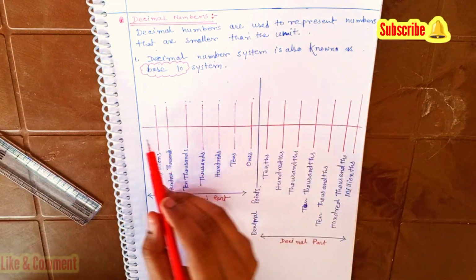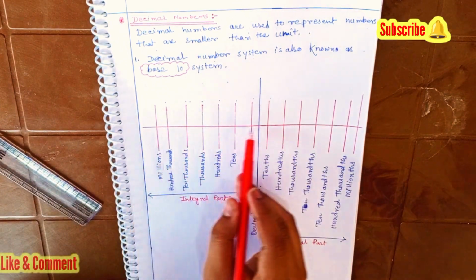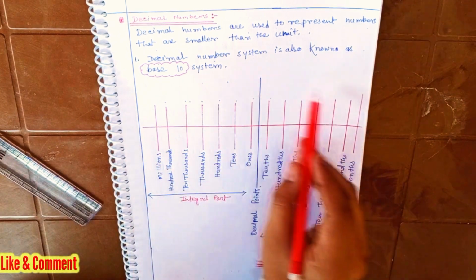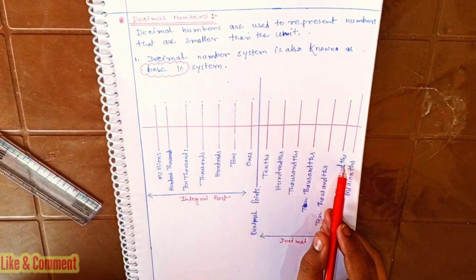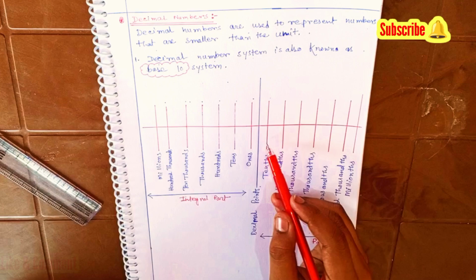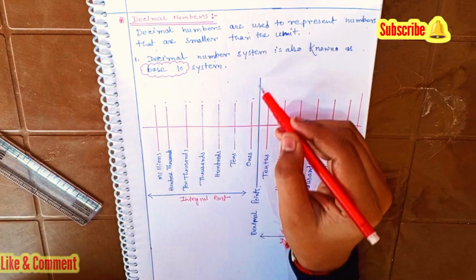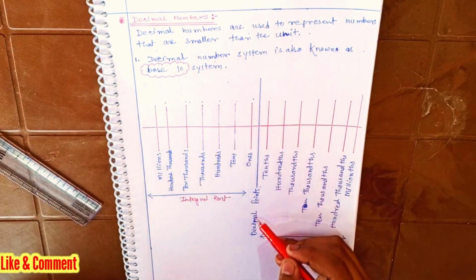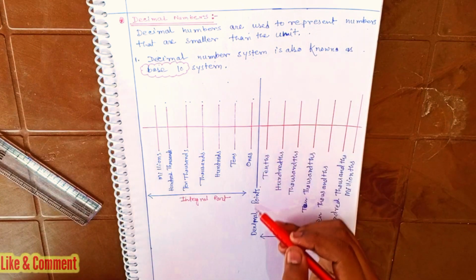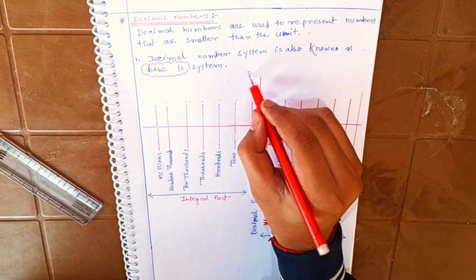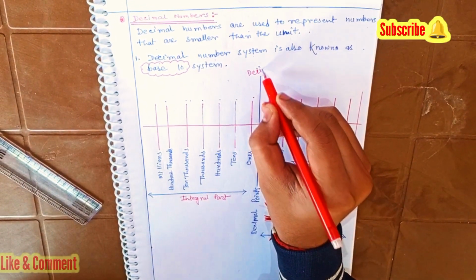Here, as you can see, this is the decimal system in total. I hope all of you can see here, this is the decimal point, or decimal separator.